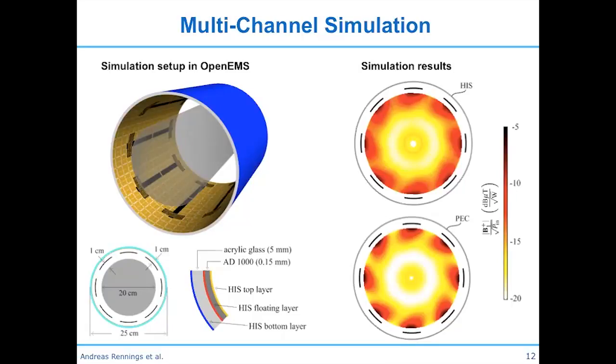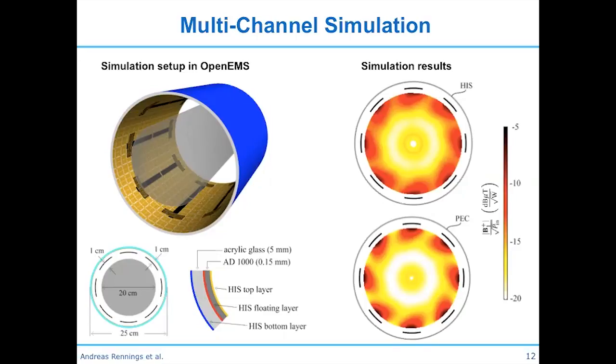That's doable in Empire and also in HFSS, I guess. But this little detail here inside the HIS structure makes life really complicated in that numerical simulation. That's why we took OpenEMS. As you can imagine, it took a while, but it was doable.